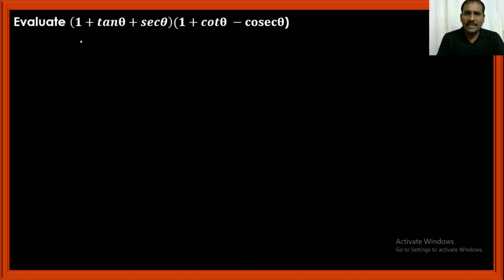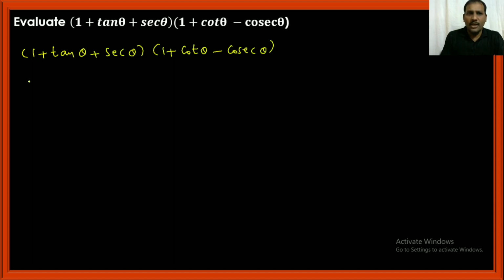Evaluate 1 plus tan theta plus secant theta into 1 plus cot theta minus cosecant theta. Let us see what you will get. So what is given? 1 plus tan theta plus secant theta, 1 plus cot theta minus cosecant theta. If you observe, you have 4 different trigonometric ratios in this problem.